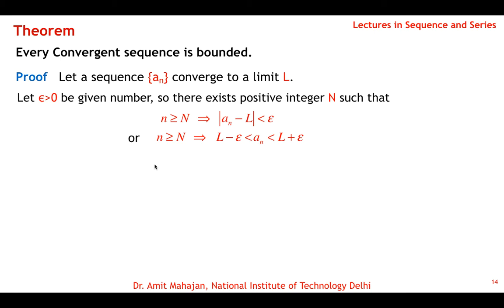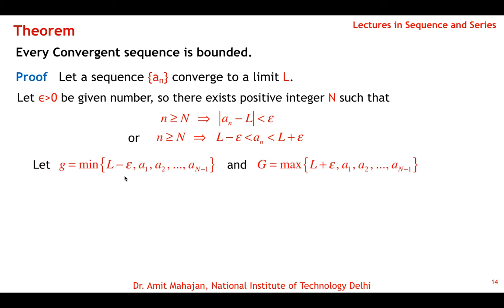Now for n greater than or equal to capital N, the elements are bounded by these two. So we are only left with the elements for n less than capital N.